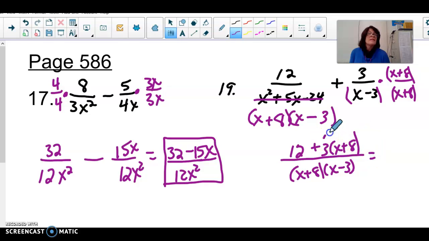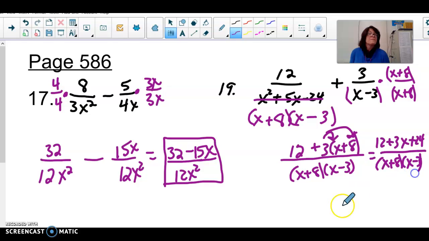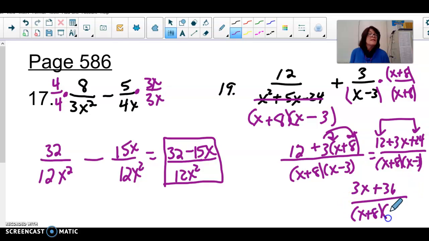To simplify this, then, I would distribute my 3 through, making this 12 plus 3x plus 24 all over x plus 8, x minus 3. I can add 12 and 24, right? So I get 3x plus 36 all over x plus 8 times x minus 3.